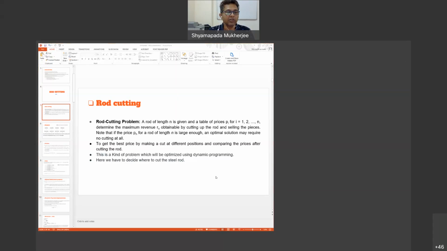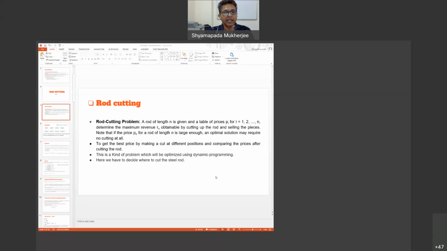Directly we are selling. The idea is that a company manufactures rods, and then they cut the rods into pieces, and each piece has a certain price. After manufacturing one rod, they want to cut it into pieces so that they can obtain the highest value out of it.